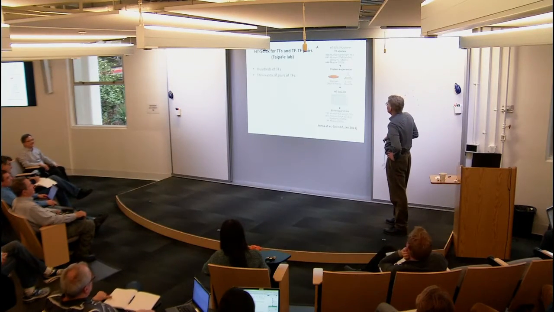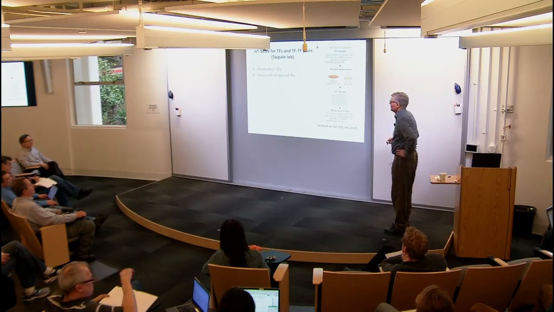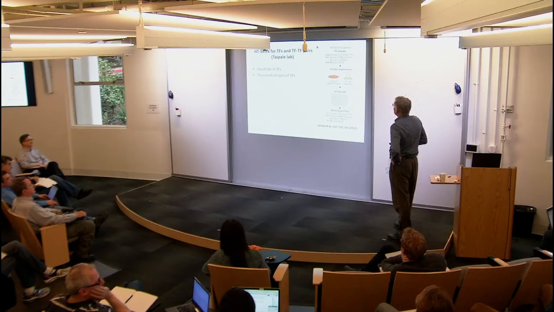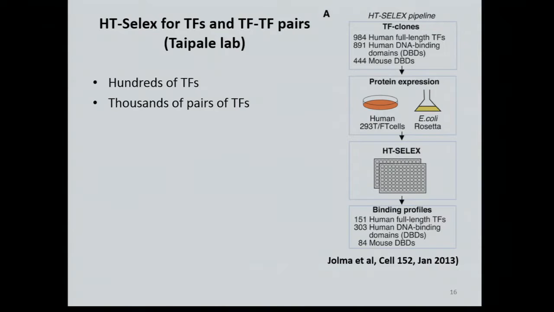Okay, so here is some information on what is happening. In the Taipale lab they really have a big factory. They have been producing these SELEX data sets for hundreds of factors for human and mouse.